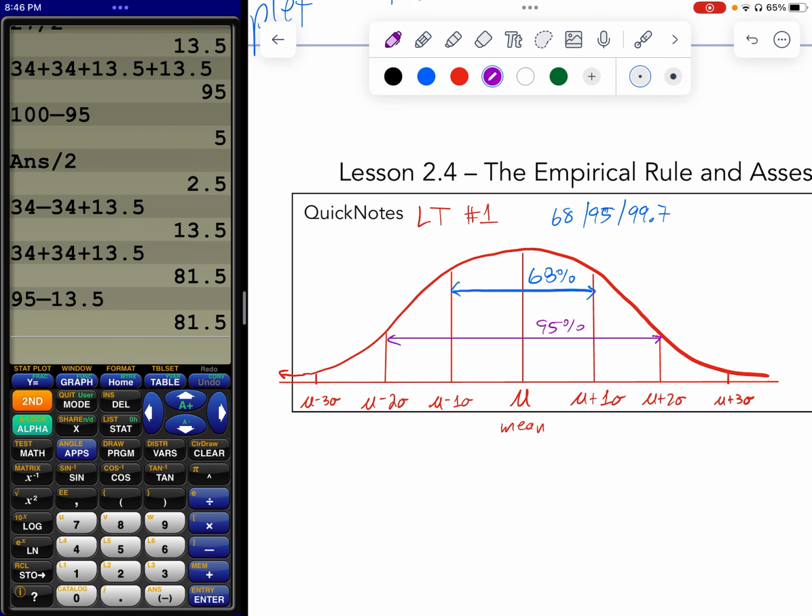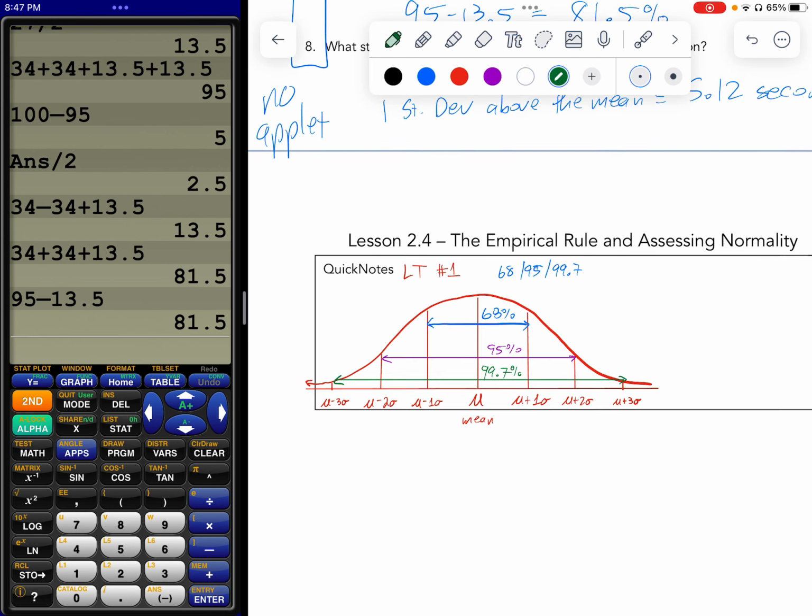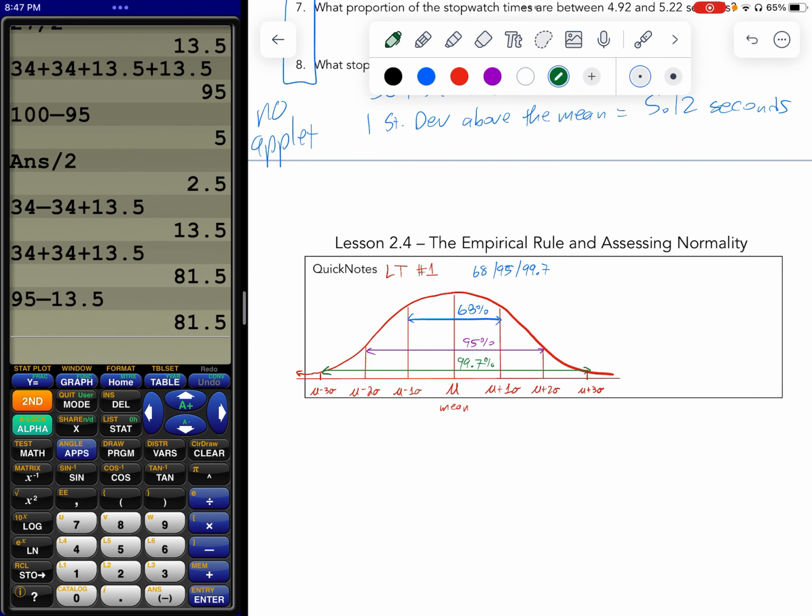And then if you go all the way over, 3 standard deviations, that is almost all the data. That is 99.7% of the data.